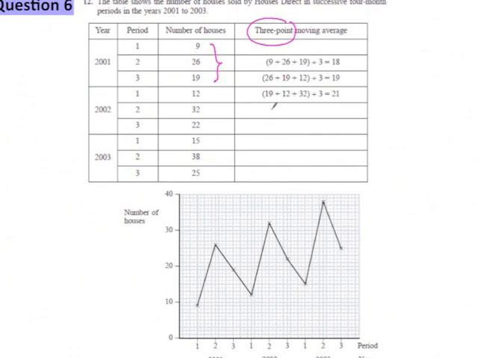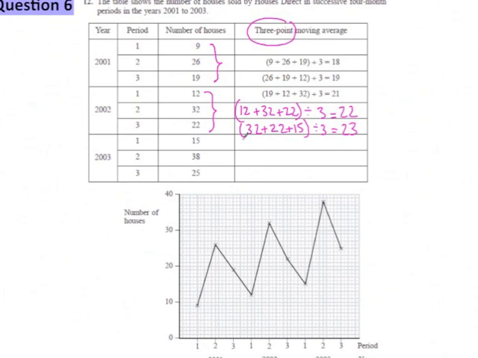So our next one for this value here is going to come from 12, 32 and 22. So 12 plus 32 plus 22 divide by 3 will give us our moving average of 22. Our second one, 32 plus 22 plus 15 divide by 3, moving average 23.